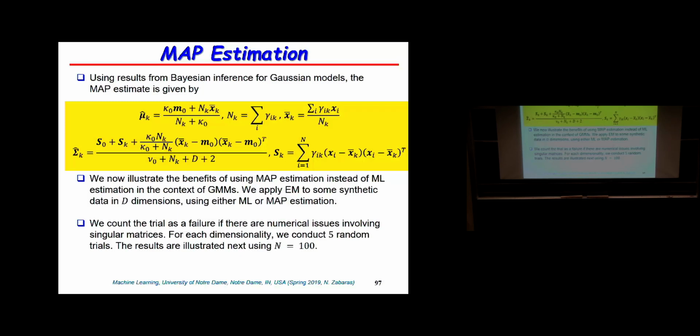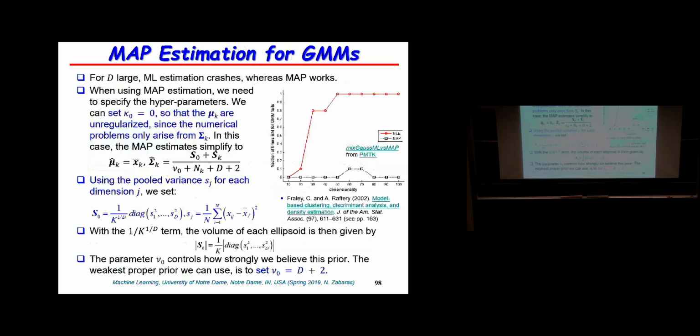So there's a very nice example in Murphy's book that demonstrates why you need to do MAP estimation for this type of mixtures. Let me see rapidly what the setting here is. We are going to do MLE estimation in high dimensions. So we have a Gaussian mixture, all right?